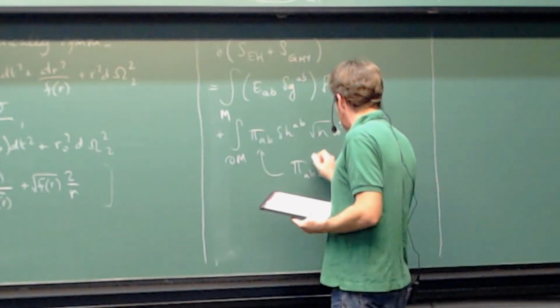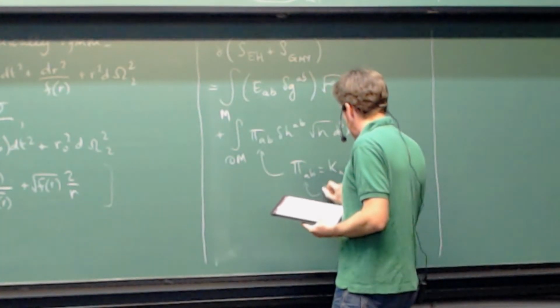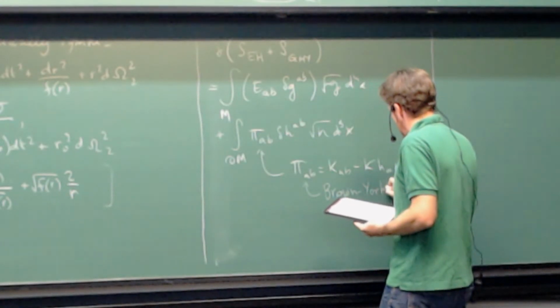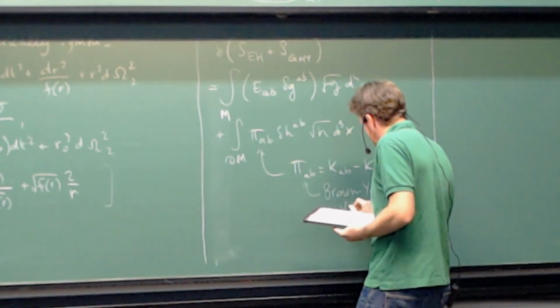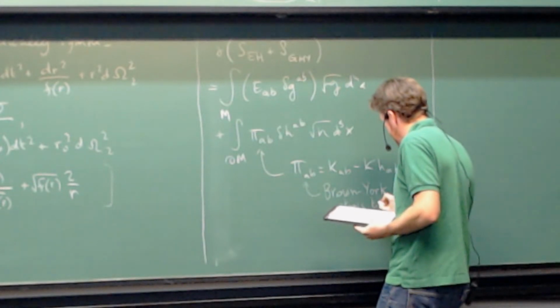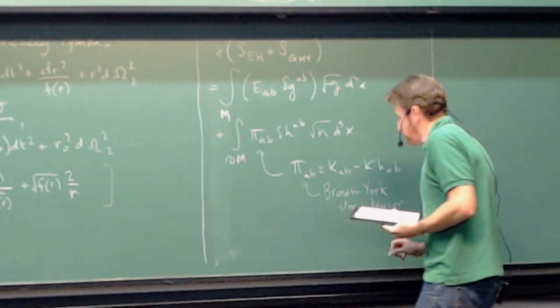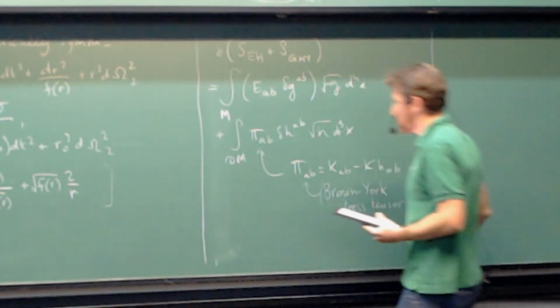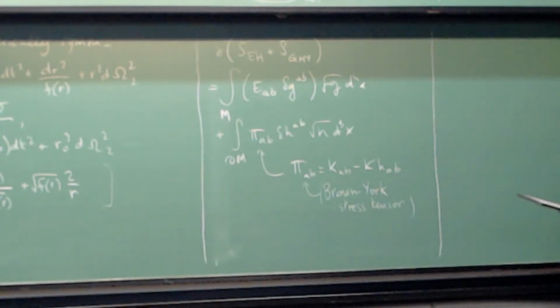This tensor is called the Brown-York stress tensor. And we will return to it tomorrow. It's a measure of the energy inside the space. Okay, so now we assume that we have done everything correctly.